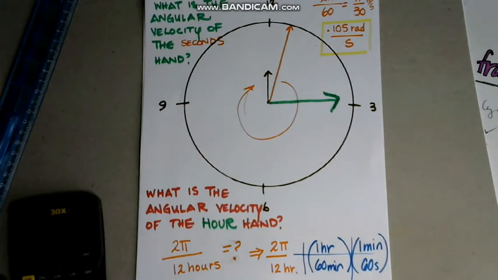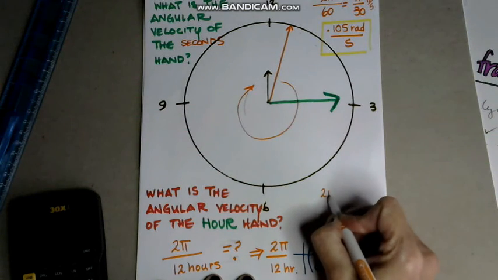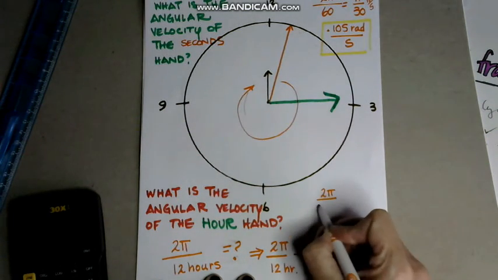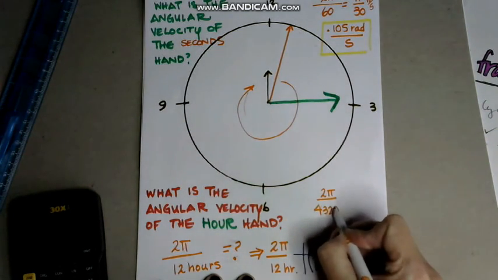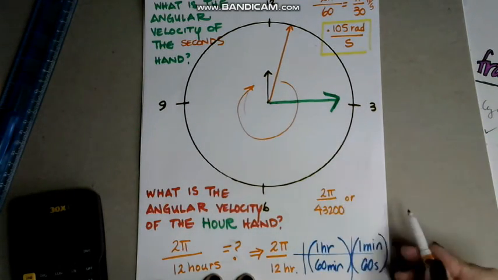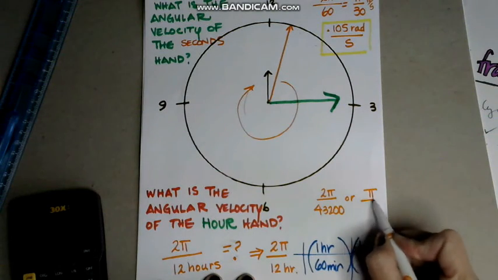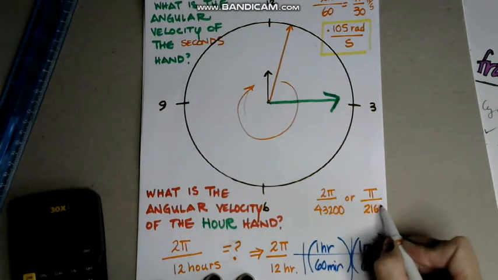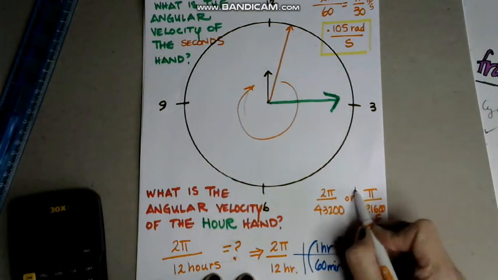So if you type that in there, what your final answer will be is 2 pi over 43,200. Or I could reduce it a little bit, and I'm going to get pi over 21,600 seconds. That's my answer.